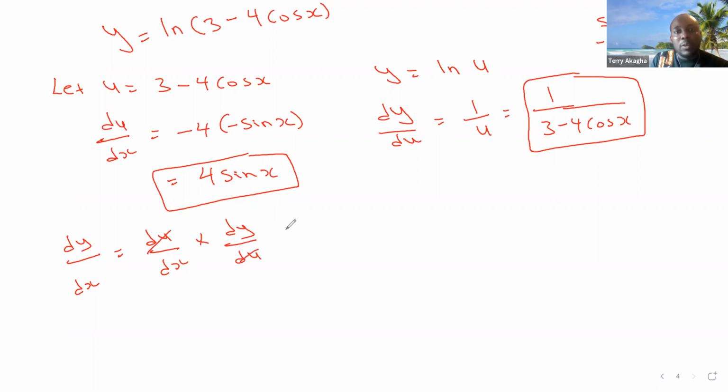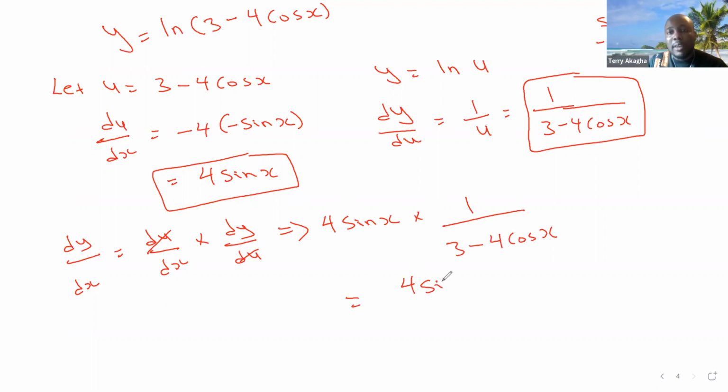Okay? So therefore, dy over dx is going to be 4 sine x multiplied by 1 divided by 3 minus 4 cos x. Then that will give you 4 sine x divided by 3 minus 4 cos x. And that is how you differentiate using the chain rule.